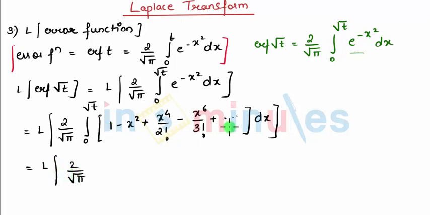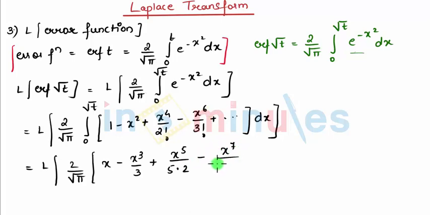So we can integrate this easily. Where I get the integration as x minus x cubed by 3 plus x raised to 5 divided by 5 into 2 factorial minus x raised to 7 divided by 7 into 3 factorial plus and so on, where the lower limit is 0 and the upper limit is t.